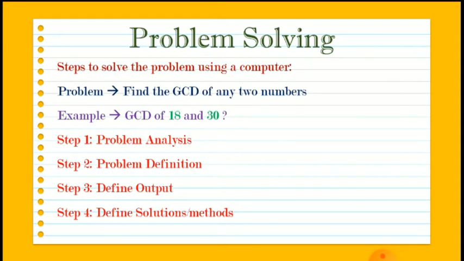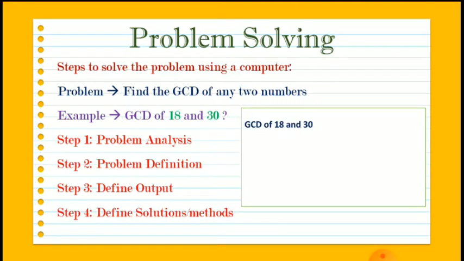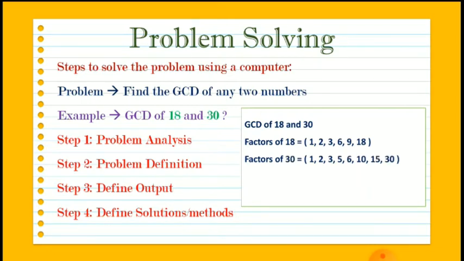Now we will see the first method. 18 and 30 are given numbers. First find out the possible factors of 18. Factor means the possible numbers that can divide the number 18. So here 1, 2, 3, 6 and 18 are numbers that can directly divide the number 18. Now we will find the factors of 30.